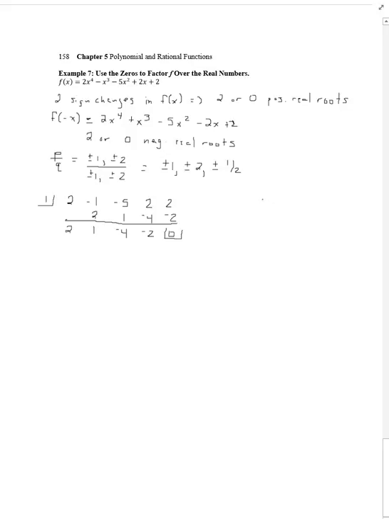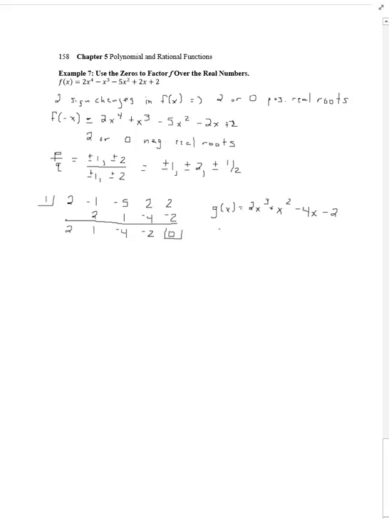Okay, so if our g of x, our depressed equation, is 2x cubed plus x squared minus 4x minus 2, we can just test roots in there.